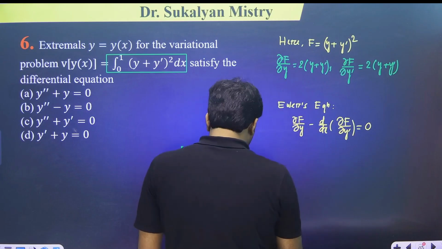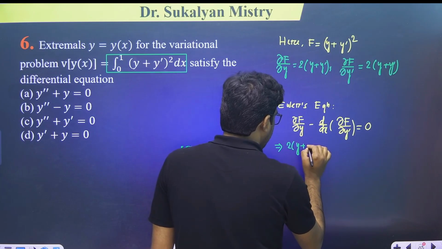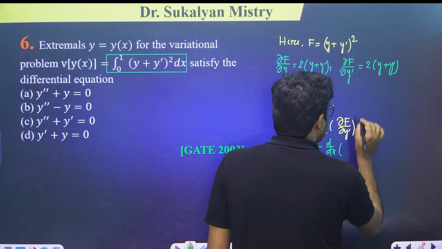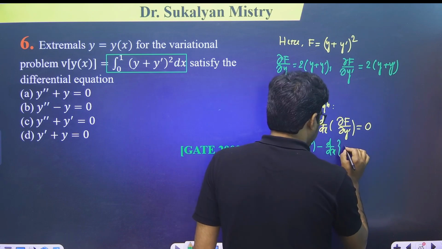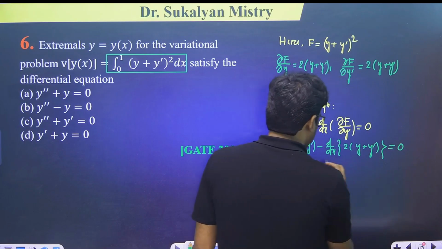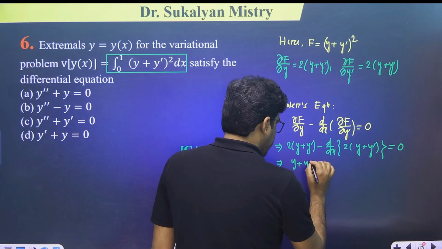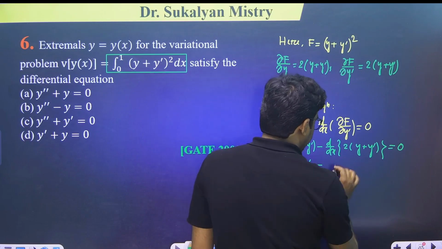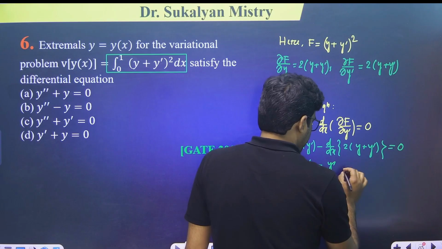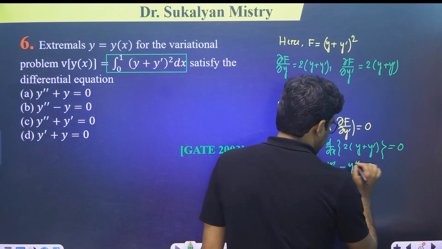So del f del y, that is 2 into y plus y dash, minus d/dx of del f del y dash, that is 2 into y plus y dash, is equal to 0. So that means y plus y dash minus dy/dx, that is y dash, minus derivative of y dash, that is y double dash, is equal to 0.